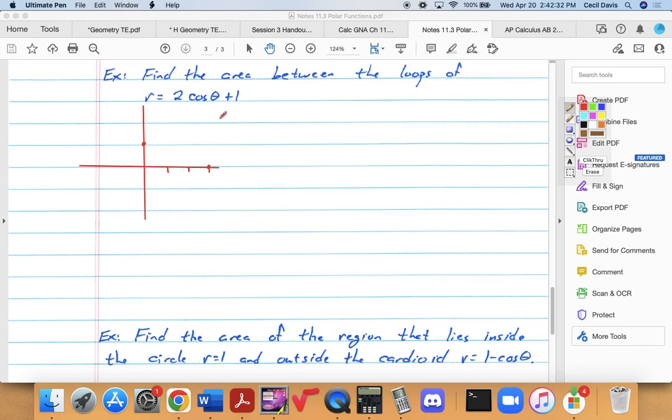And then at pi, cosine is -1, so this is going to be -2 plus 1 is -1, so it's back over here. Now, what you have to realize is that somewhere between theta equal to pi over 2 and theta equal to pi, this crosses through the pole so that it becomes a negative r value. So what that looks like for the top half of this is sort of like that.